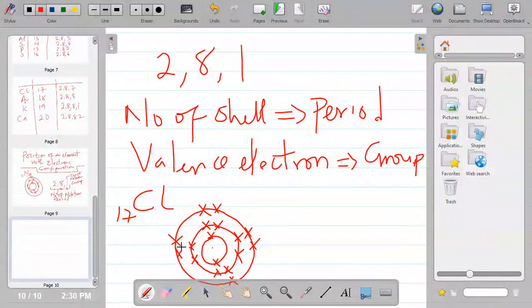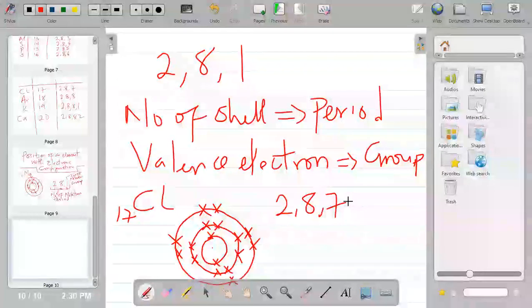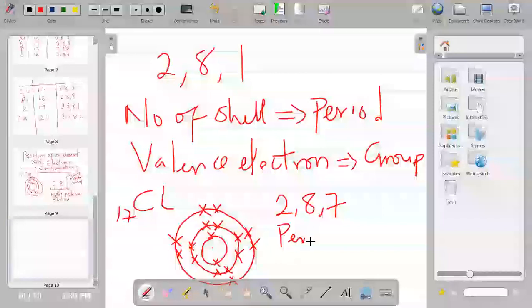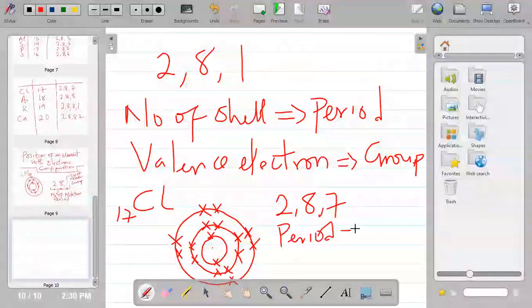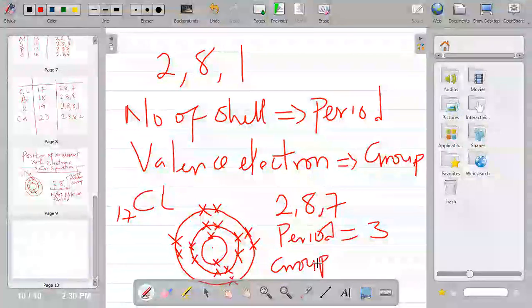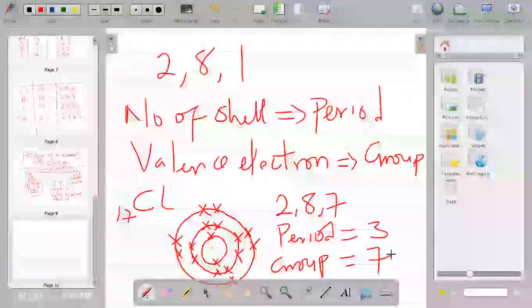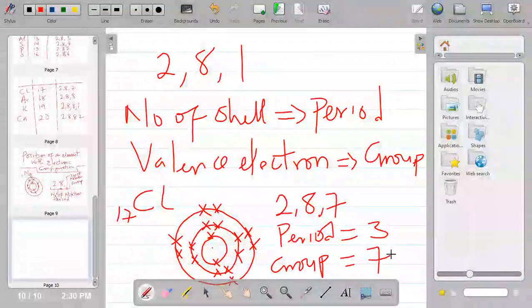Hence, it has the electronic configuration of 2, 8, 7. Because of this, the number of shells is 3, hence the period of chlorine is period 3, while the group is the number of valence electrons, which is group 7. Now, I believe that is clearly understood.